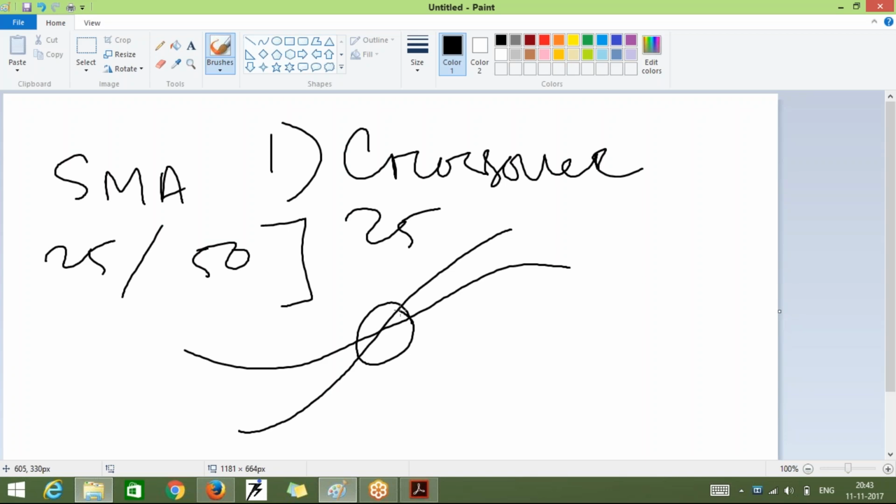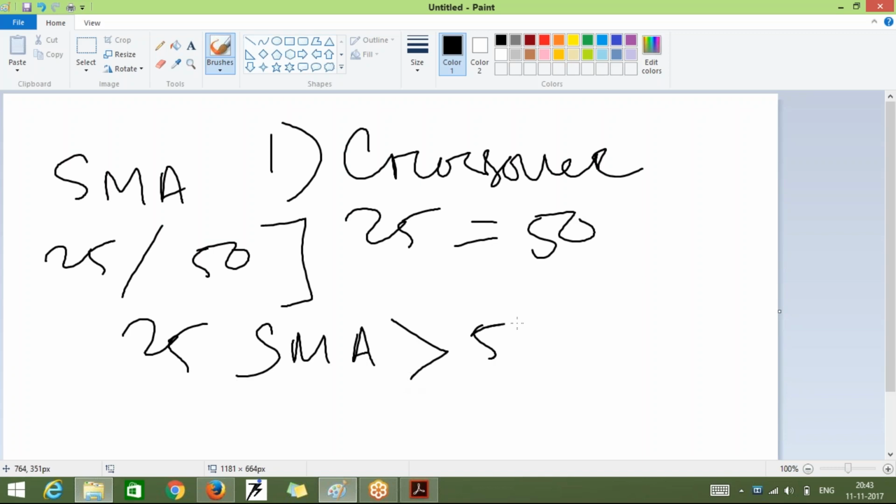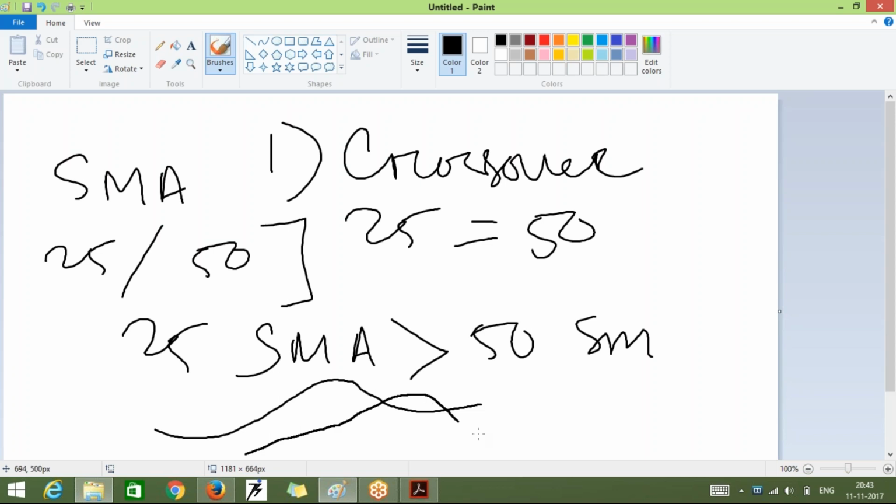The first setup needed is that they coincide. If 25 period SMA is equal to 50 period SMA, this is the period which we need to watch. And what happens exactly next, how to trade using that? When the 25 period SMA is greater than the 50 SMA, that means if suppose this is the 25 period SMA and this is the 50 period SMA, look at this point.